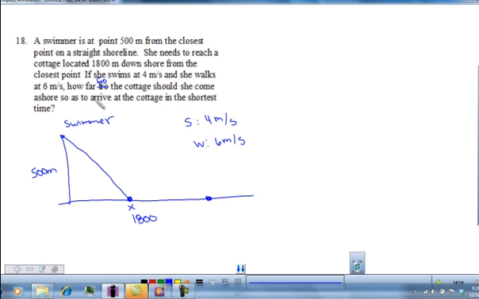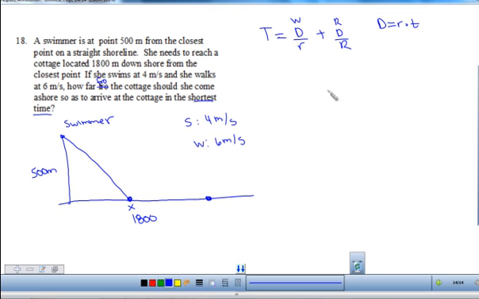So what we need to do, since we want to arrive in the shortest amount of time, is optimize or take the derivative of time. And time, since distance equals rate times time, is going to be the distance over the rate. Okay, so you're going to have two distances, when she walks and when she swims.